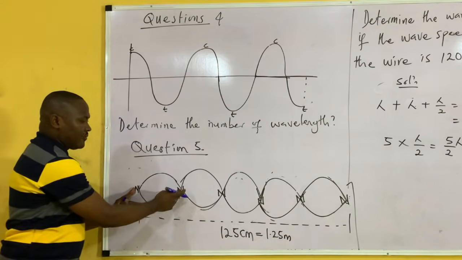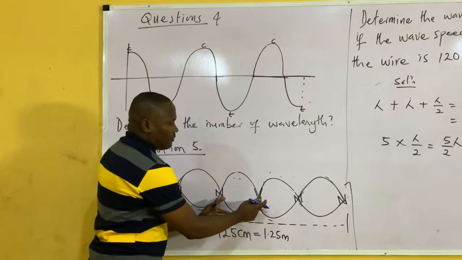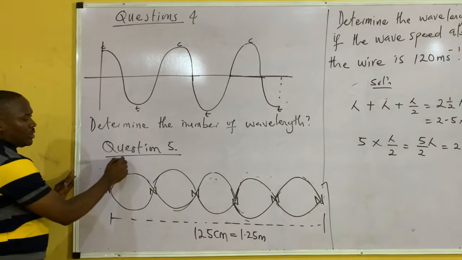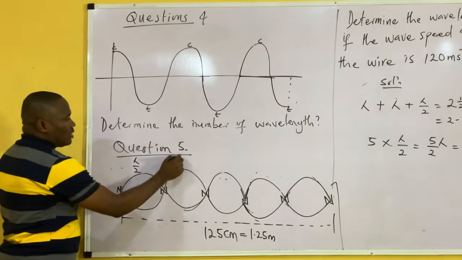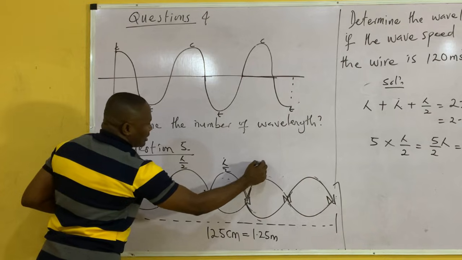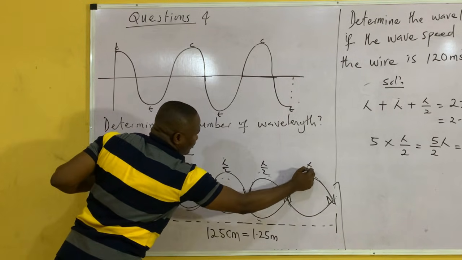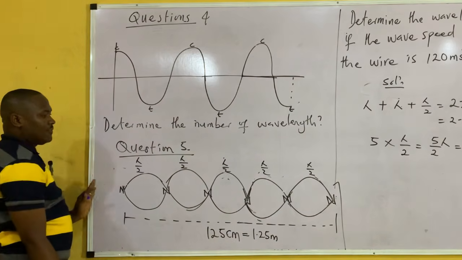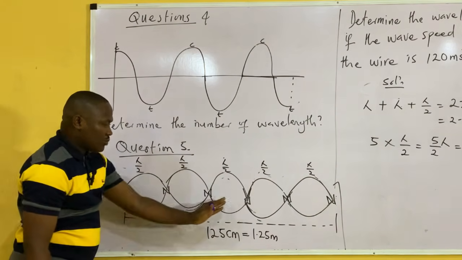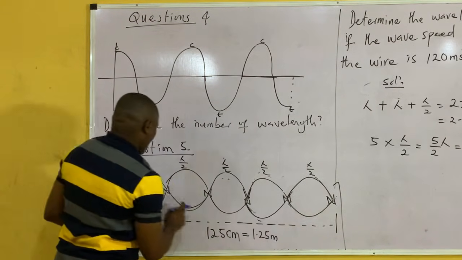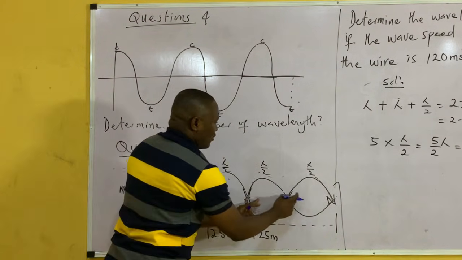So we have lambda over 2, lambda over 2, lambda over 2, lambda over 2, lambda over 2. So I have 1, 2, 3, 4, 5, so 5 lambda over 2 in this expression.